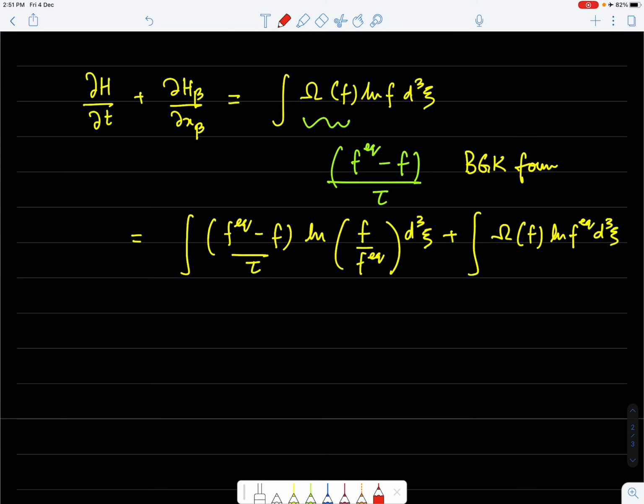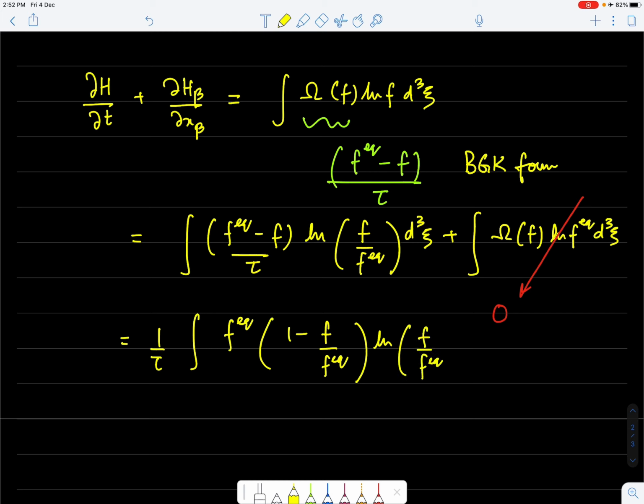Now here again I'm not going to prove something, but this is some much more rigorous mathematics which I cannot complete in this small time. This integral actually goes to 0 when you substitute the form of the equilibrium function, which is the Maxwell-Boltzmann distribution. So what we are left with is just 1 by tau into, I'm going to pull out an f equilibrium, (1 minus f by f equilibrium) log of f by f equilibrium d3 xi.